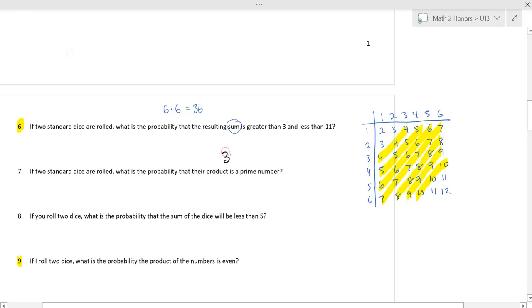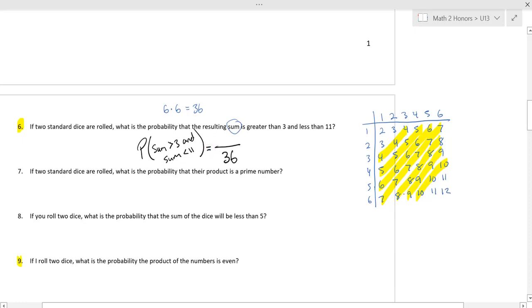We know that the denominator, okay, so let's say the probability sum greater than 3 and sum less than 11, okay, is going to equal something out of 36, and it's however many I highlighted in yellow.